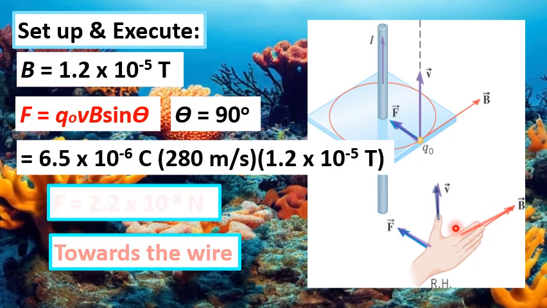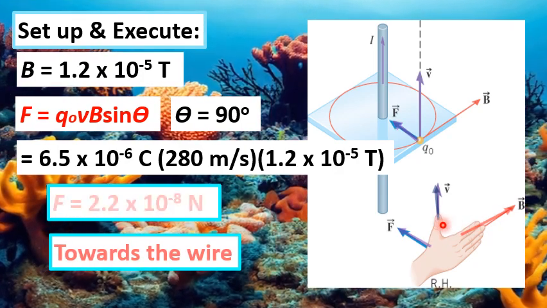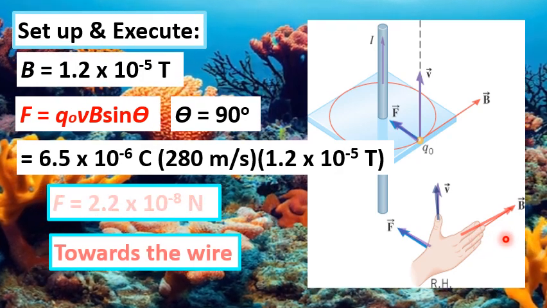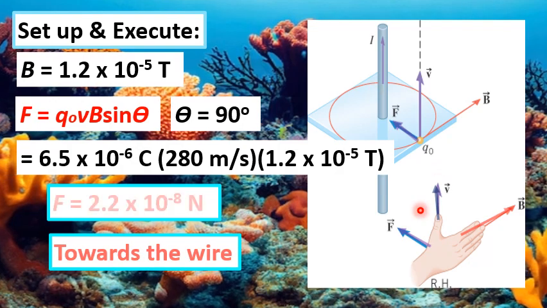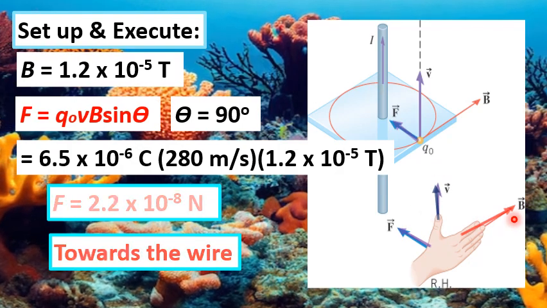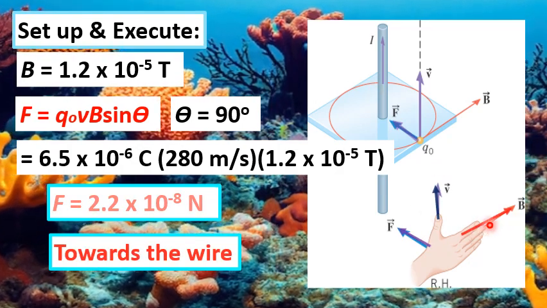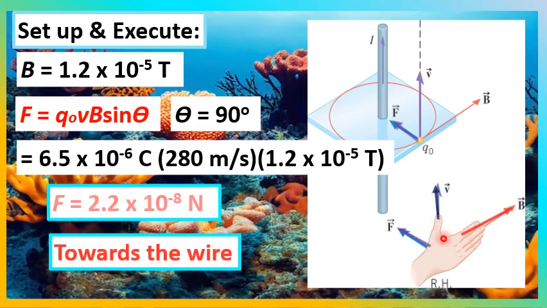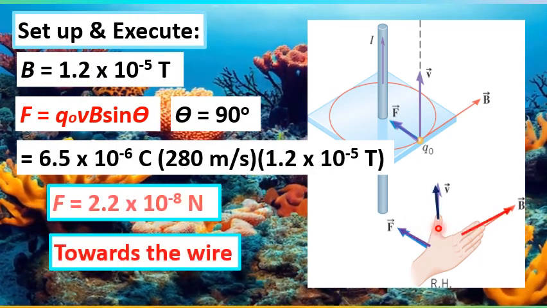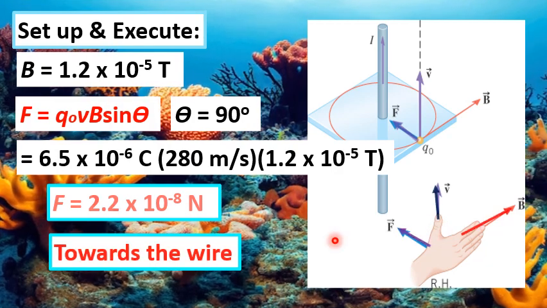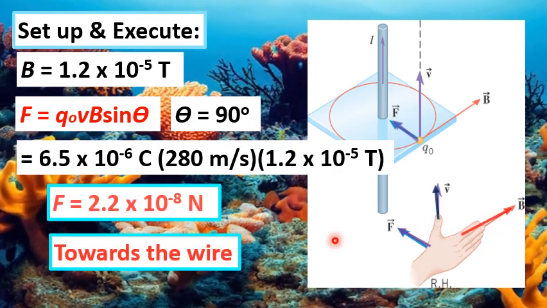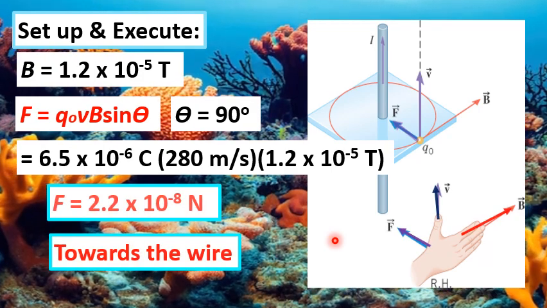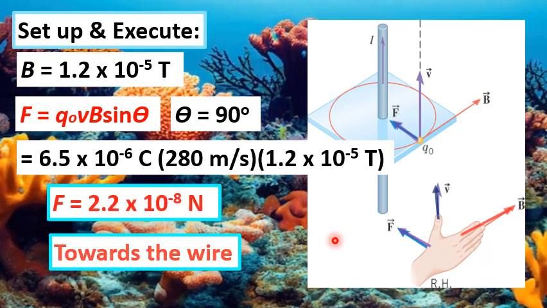Take note, the velocity vector v and the magnetic field vector B in this situation are perpendicular to each other. So you have to make sure that your right hand thumb and your other four fingers must in fact be perpendicular.